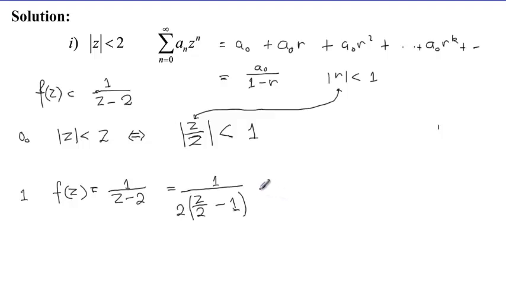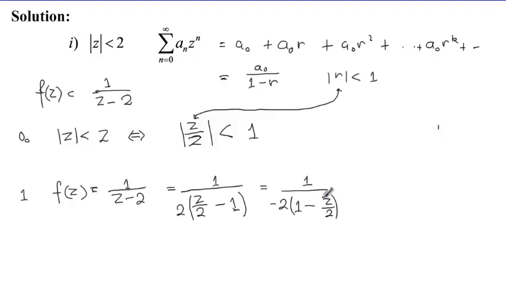So manipulating this in that direction, taking common factor minus 1 in the denominator here, we're going to have minus 2, brackets, 1 minus z over 2, close bracket.